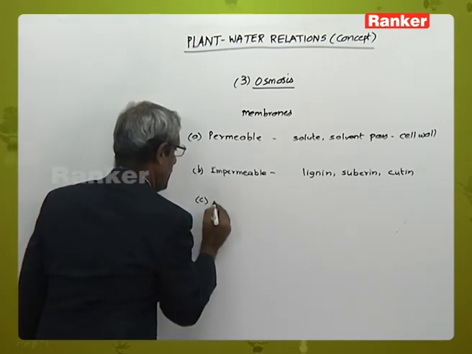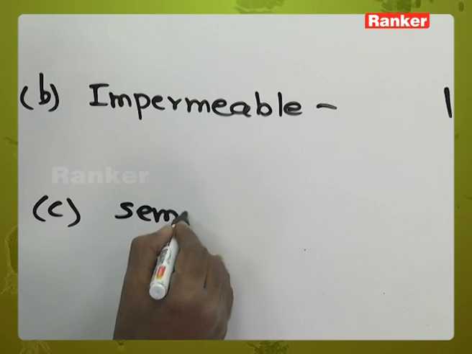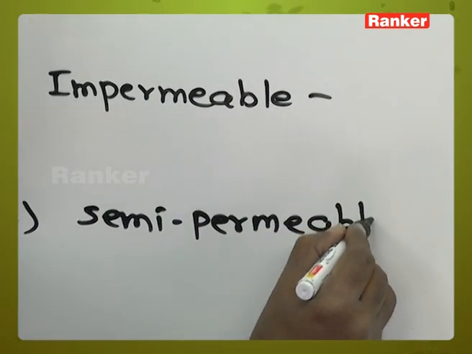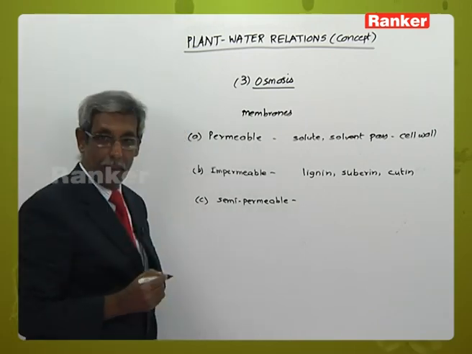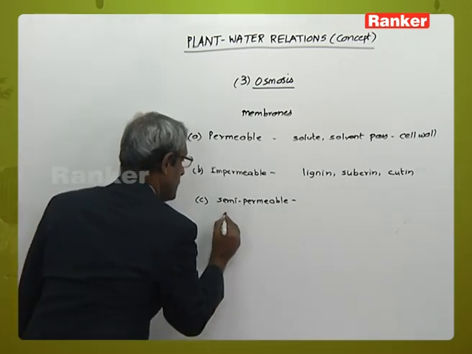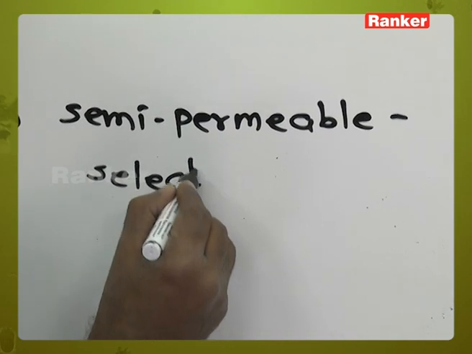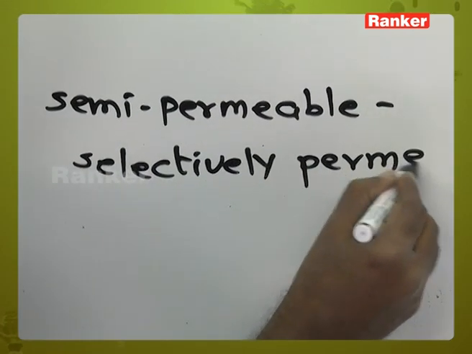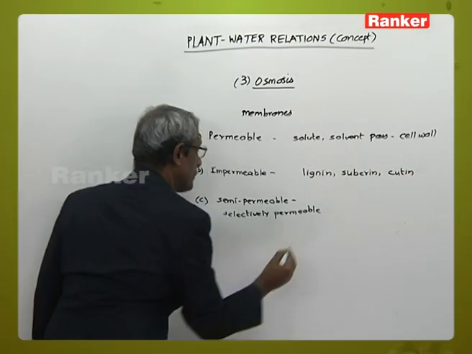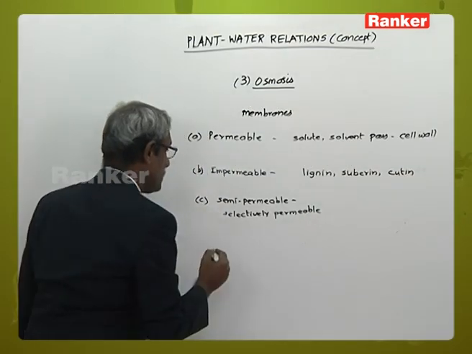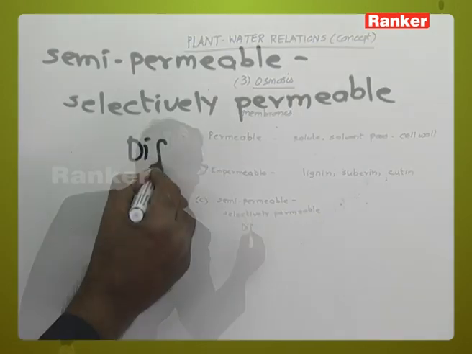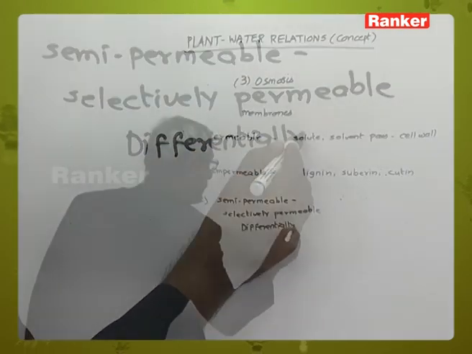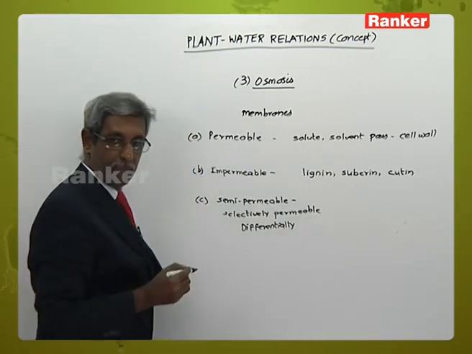We come to the third category, which are termed as semi-permeable membranes. Now semi-permeable membranes are also termed as selectively permeable membranes, or else they are also termed as differentially permeable.